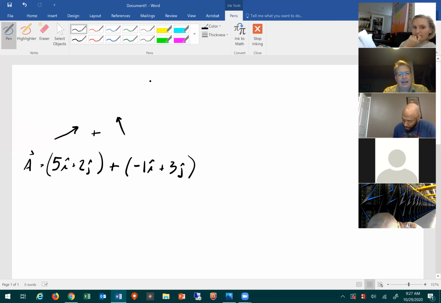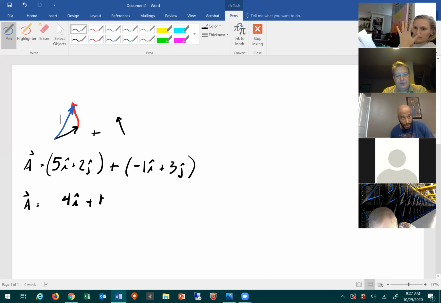So to add vectors, I take one vector's tail, hook it to the head of another, and then I connect the loose ends. That's how I would do it. So the added vector is going to be black plus red, and I add 5 plus negative 1, which is 4i, plus, sorry, 2 plus 3 is 5j.